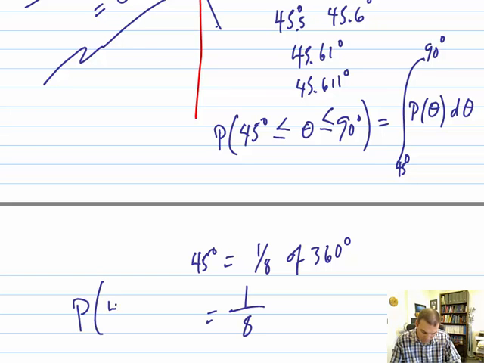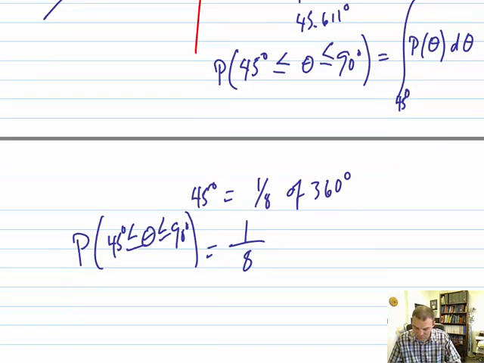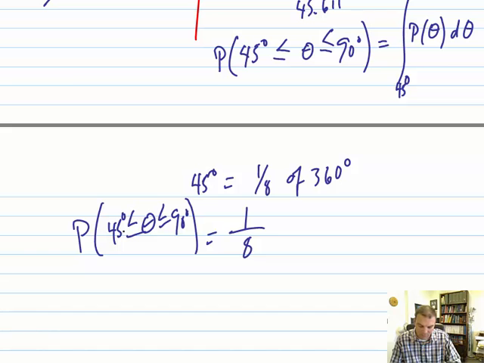So P of 45 degrees has to equal 1/8. That's fairly simple to determine here. So the probability of that arrow falling within that range, for a uniform distribution of probability, would actually be a value of 1/8. Okay?